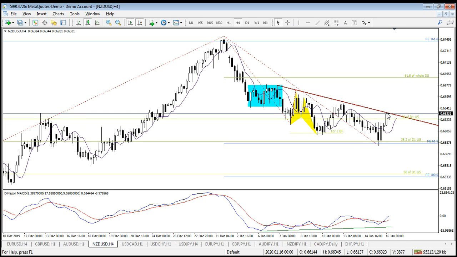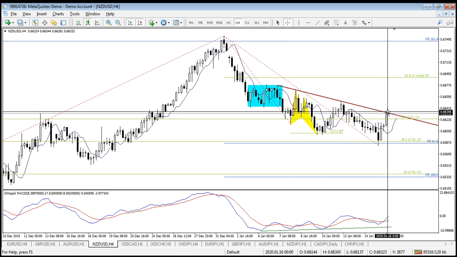So we'll have to wait for the closure of the next 4-hour candle, and if the 4-hour candle significantly closes above this trend line, maybe 10 pips above, or maybe even better if it closes even farther, then we'll have to think of entering a buy position. So we will not enter a buy position right after the closing of the candle above this trend line. Rather, we'll wait for further downward retracement. Price will probably come down to retest this trend line, and then we will enter buy.